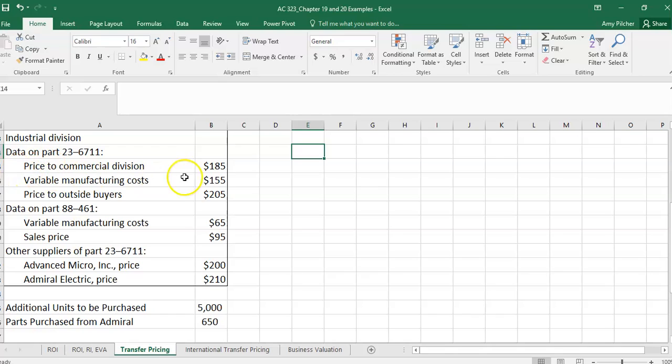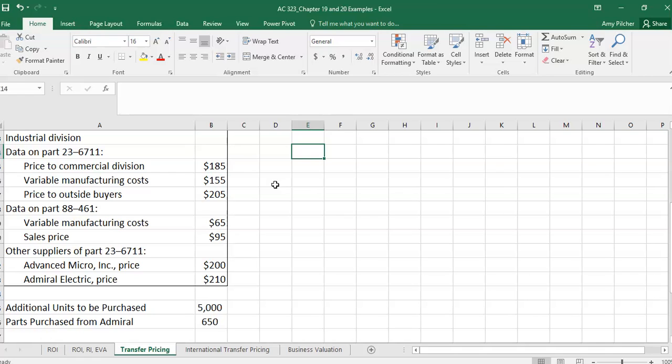So we have the current price to the commercial division that we're being given, the variable manufacturing costs, and the price that they can charge outside buyers. Because they're at full capacity, and we're demanding more, we're not going to continue to get that transfer price of $185.